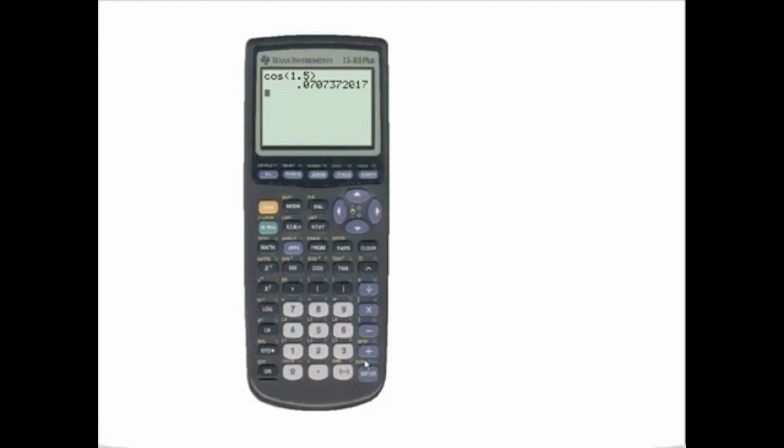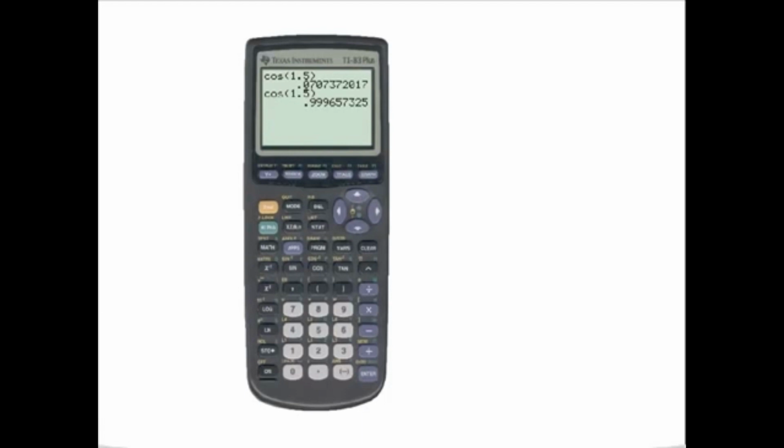0.0707. What would happen though if instead of in radian mode, I used my calculator in degree mode? Then cosine of 1.5 is equal to 0.9997. Because 1.5 degrees is very, very close to 0, and cosine of 0 is equal to 1.